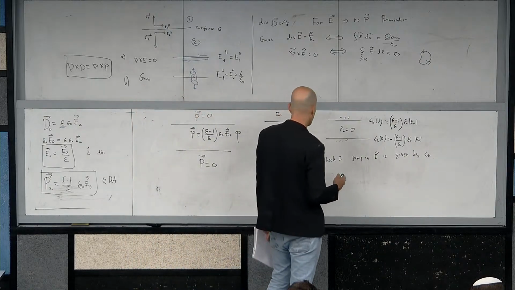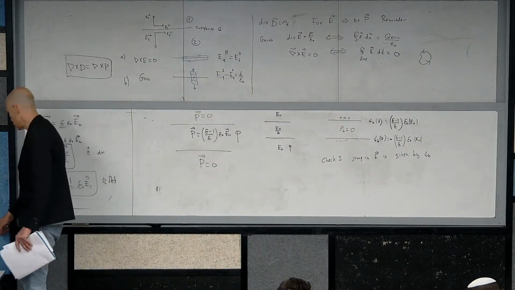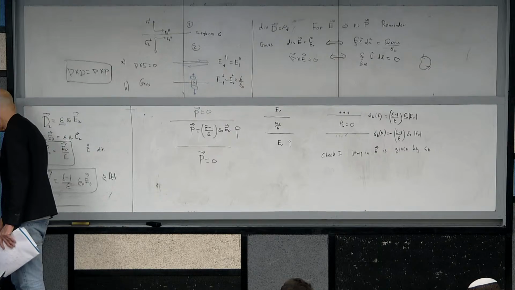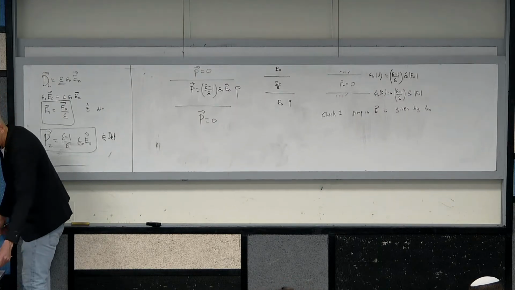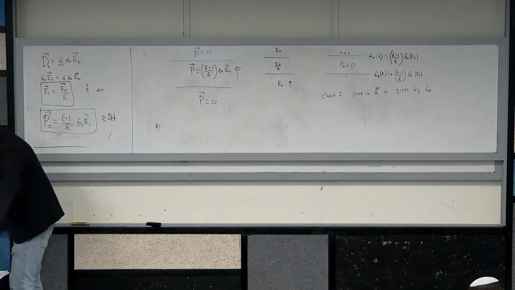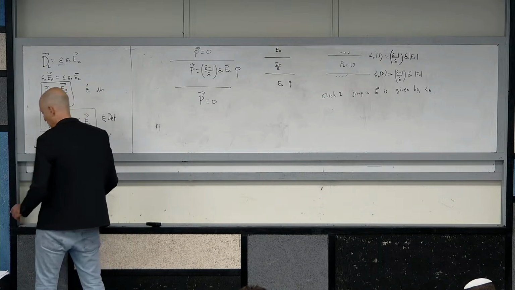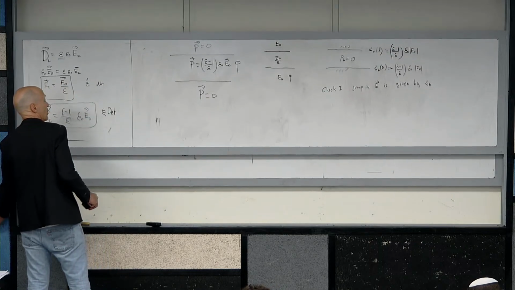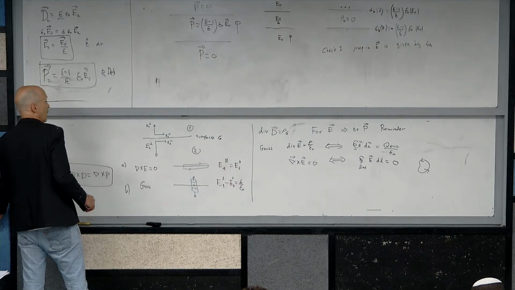But we can also add again a Gauss box. What is the easiest Gauss box that you should use?